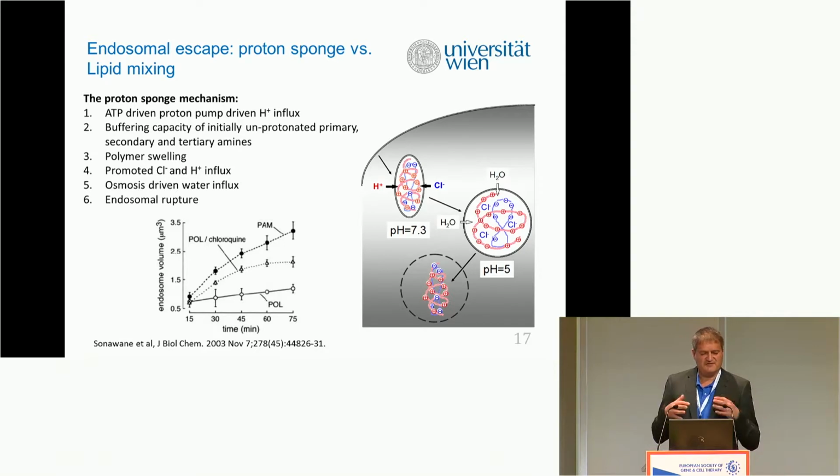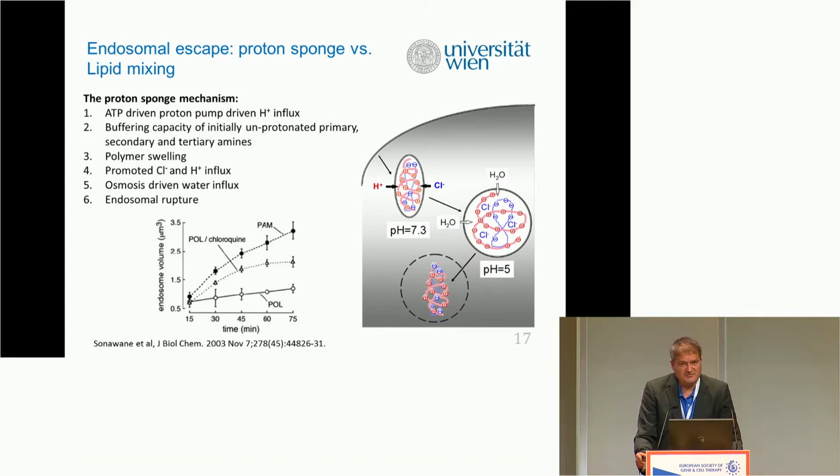You have these ATP-driven proton pumps that lead to influx of protons into the endosome and acidification. Then your polycations will buffer it. They will pretty much soak up the protons, the secondary and tertiary amines. You will get a polymer swelling.